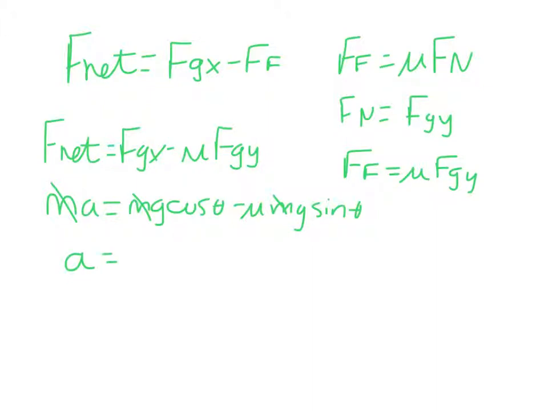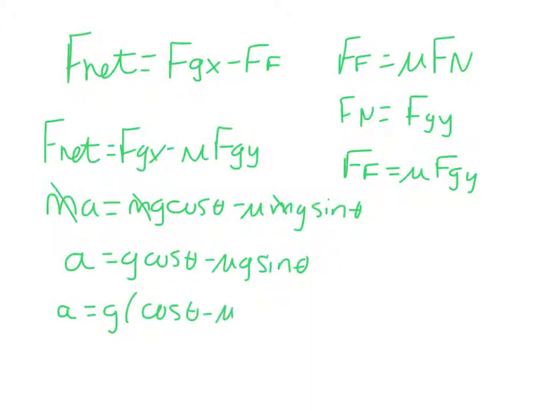So acceleration equals g cosine theta minus mu g sine theta. I can factor out a g on the right hand side, so a equals g times cosine theta minus mu sine theta. Now all I have to do is put in the numbers.